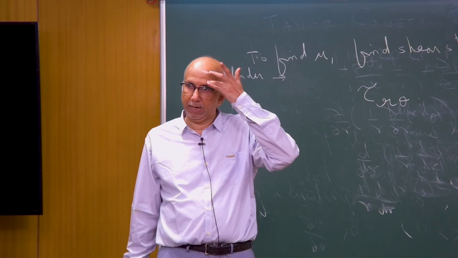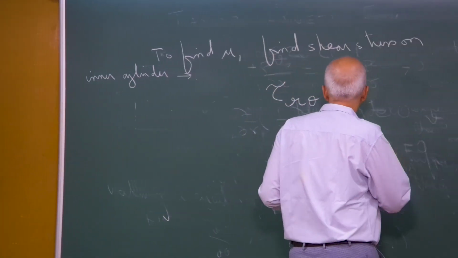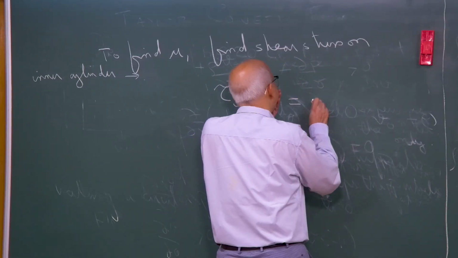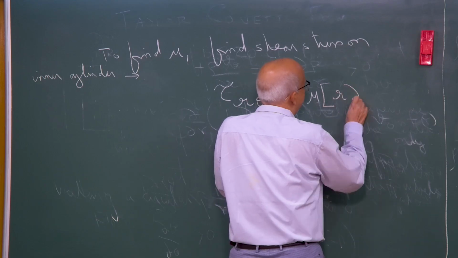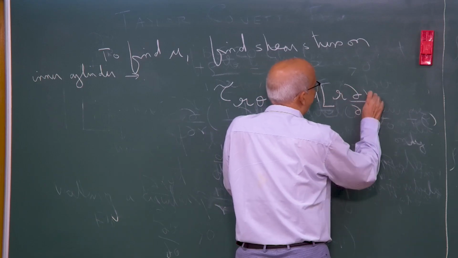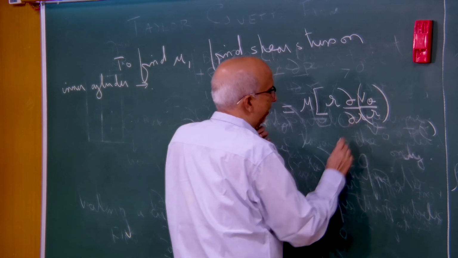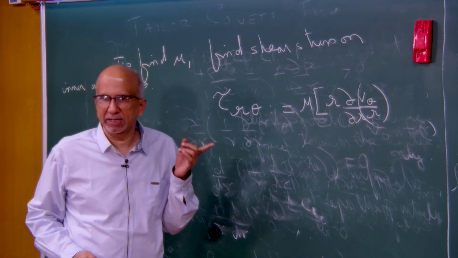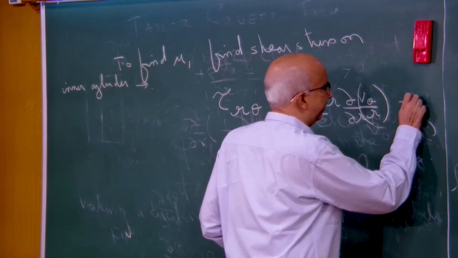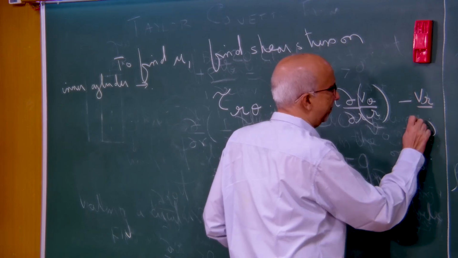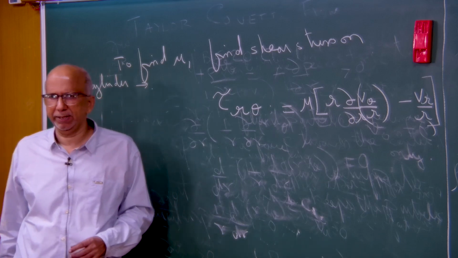okay. And I am going to try and remember what I derived yesterday. What was it? Mu times r d by dr of v theta by r, okay. I think this is what I derived yesterday. I think there is one more term, minus Vr by r, is it? Can we just check? Okay.